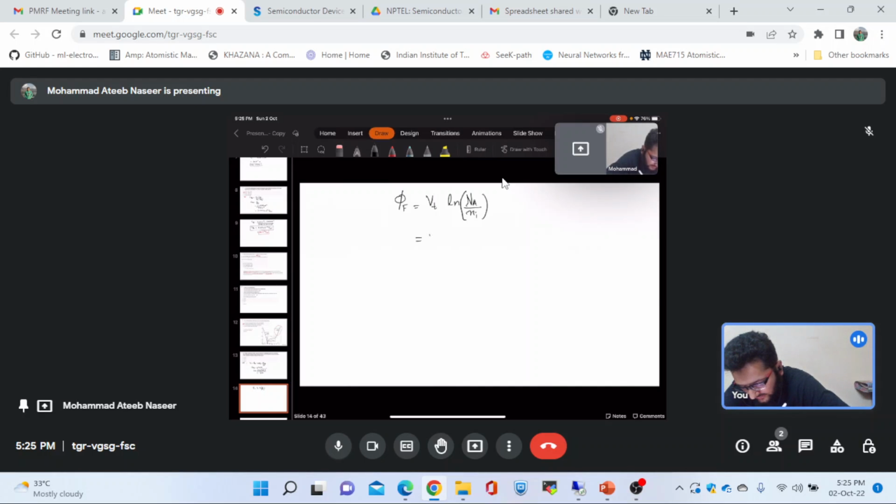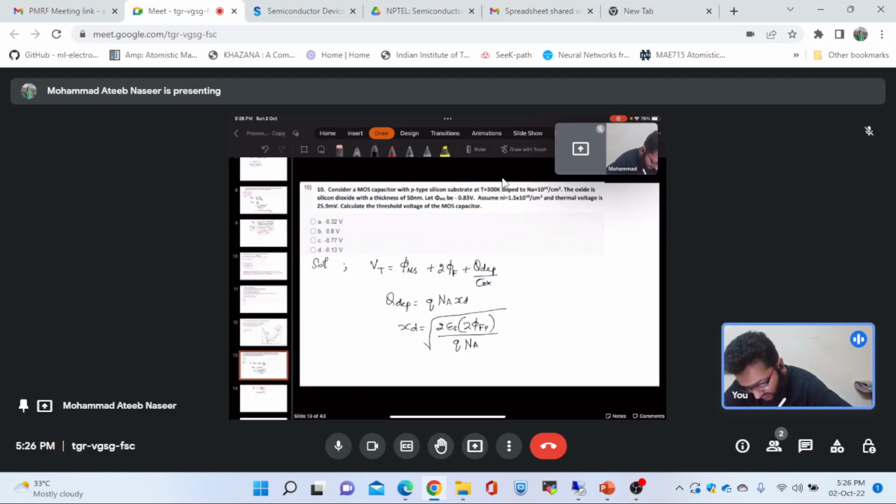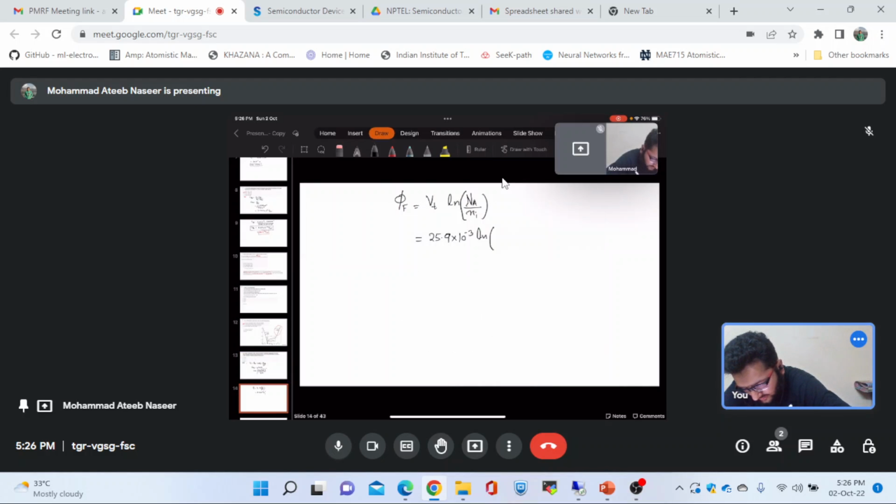This Vt is 25.9 millivolts, and Na is given to be equal to 10 to the power of 14, and Ni is 1.5 into 10 to the power of 10.